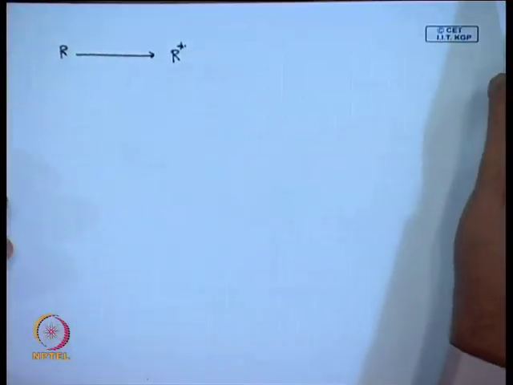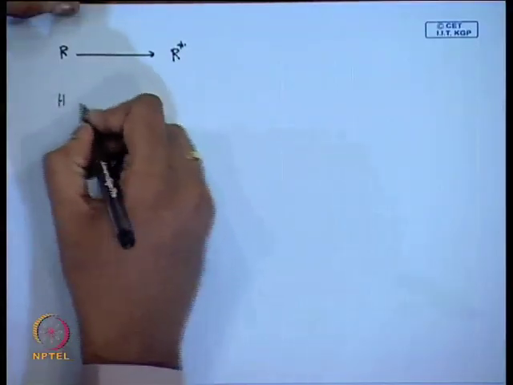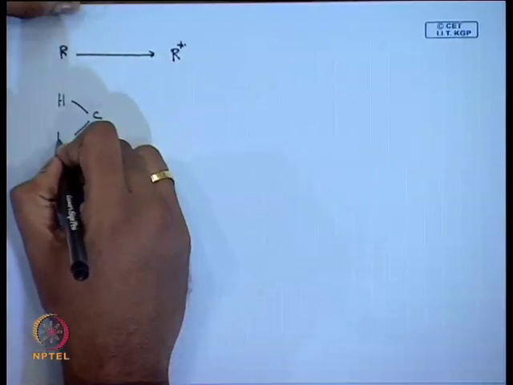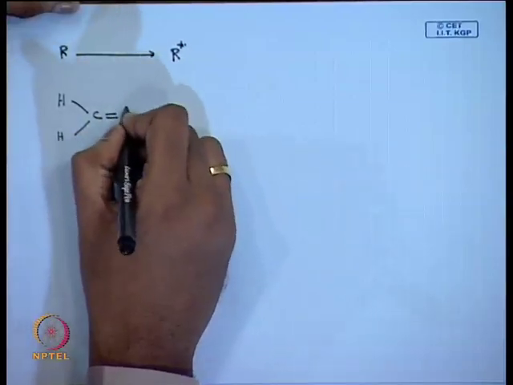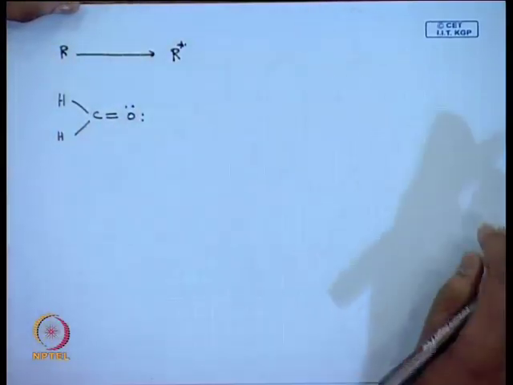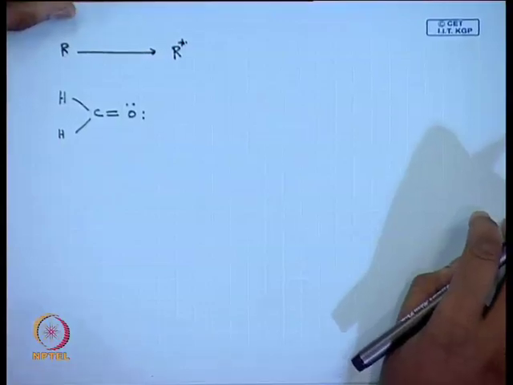To understand this part, R to R star, we will take the simplest molecule in the ground state, a well characterized and simple molecule, for example formaldehyde. So, now we have a formaldehyde molecule.